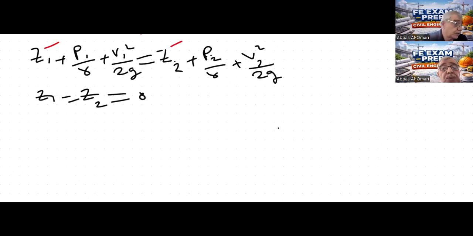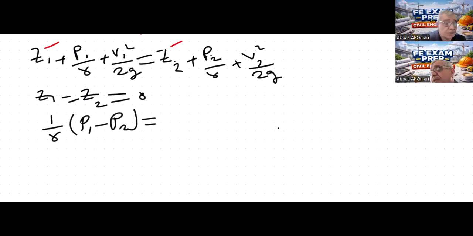Now I want to put the pressure terms on one side and the velocity terms on the other side. So I will have P1 over gamma minus P2 over gamma on the left side. I will take 1 over gamma out, so we have P1 minus P2 equals V2 square over 2G minus V1 square over 2G.